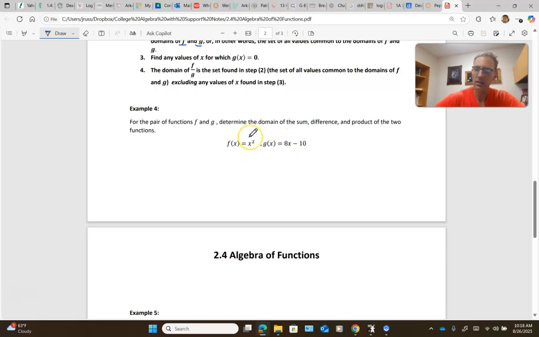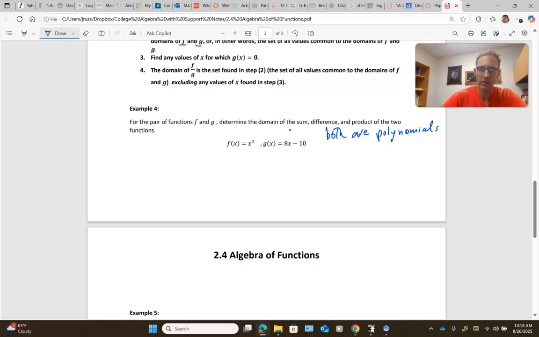We'll look at these two functions. f is a quadratic polynomial, and g is a linear polynomial. So these are both polynomial functions. Now I'm going to put this in the notes. Both are polynomials. And because of that, since they're both polynomials, if we add them, subtract them, or multiply them, the resultant function will also be a polynomial.